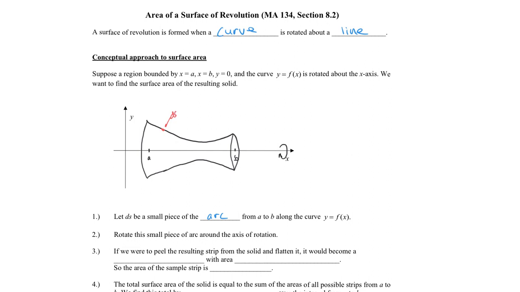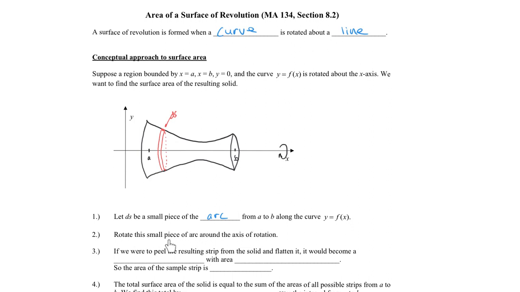Just think of this as coming along here, and of course it would be coming around the back side. This is the same notation we used in 8.1, right? ds is a little piece of the arc, a little piece of the curve.